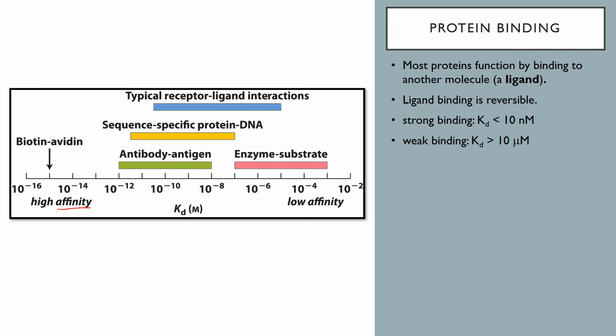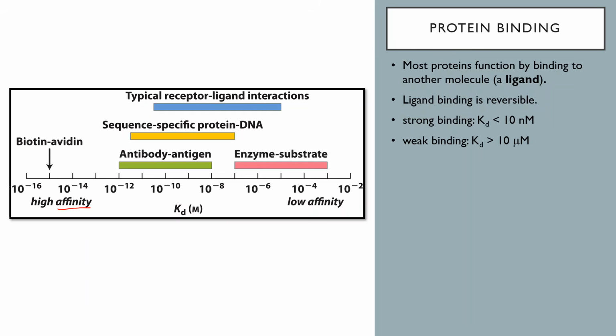The job of the enzyme is to bind to the substrate very transiently, just for a short period of time, and then convert it into something else. So if an enzyme had a very high affinity for its substrate, it actually wouldn't be very good as an enzyme. It wouldn't be able to modify the substrate into something else.